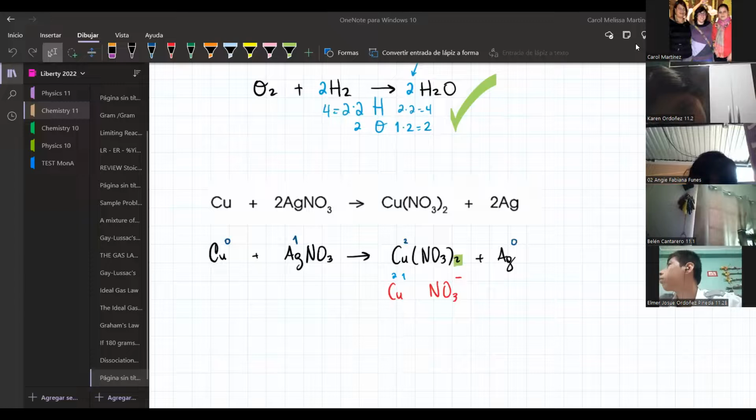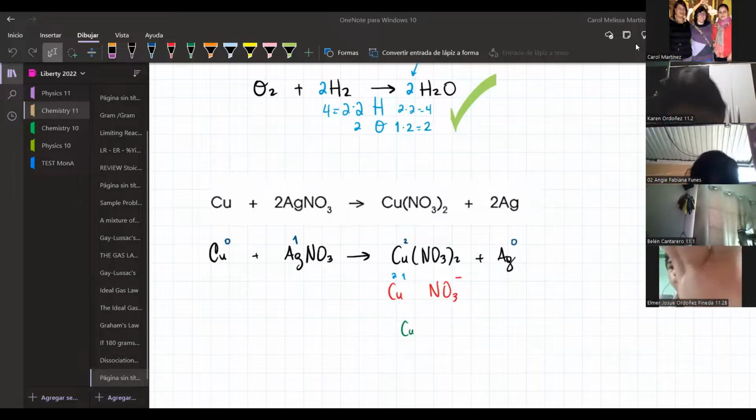If I put just copper 1, you wouldn't see parentheses, because you would have copper 1 with NO3 minus 1, and they would both cancel. This compound is not the same as this one, so it's the other possibility. So this is copper 2, and I have nitrate.